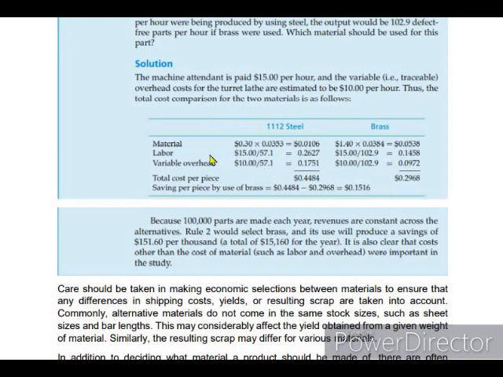So for the material, the cost is $0.30 times 0.0353, which is equal to $0.0106 for the steel. While in brass, it is 0.0538. Okay? So in the labor, we will just divide $15.